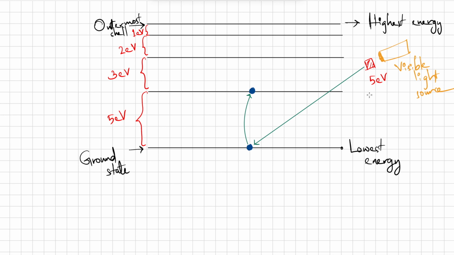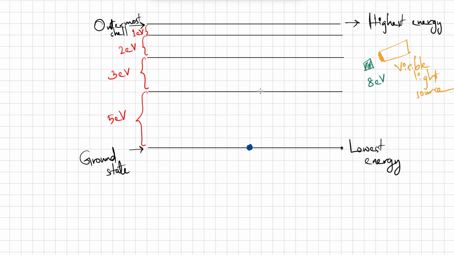I'm increasing the frequency. By increasing the frequency, you can increase the energy of the photon. So let's go back. So now this light source is emitting green light. So that's a green photon. It has an energy of, let's say, 8 electron volt. So the same thing would happen.